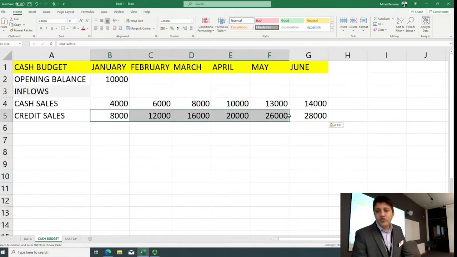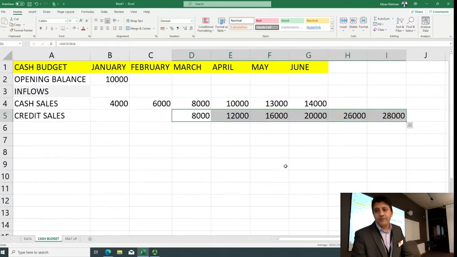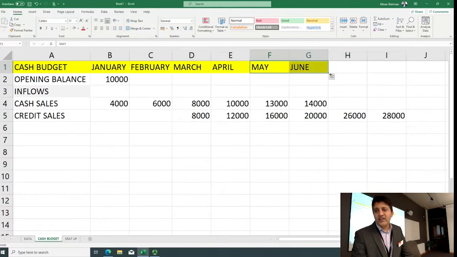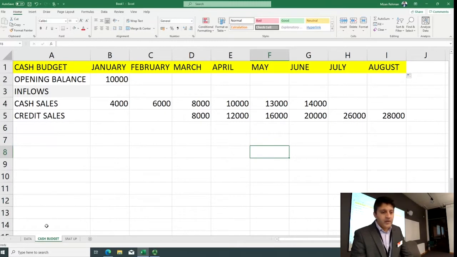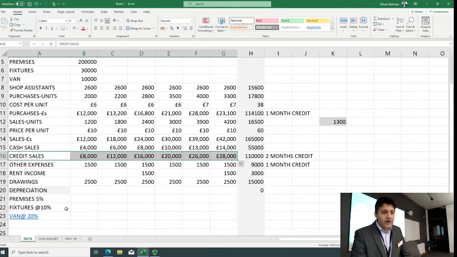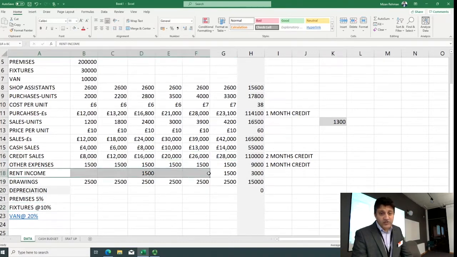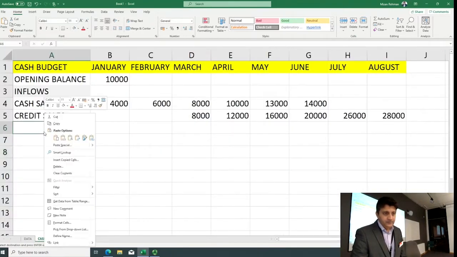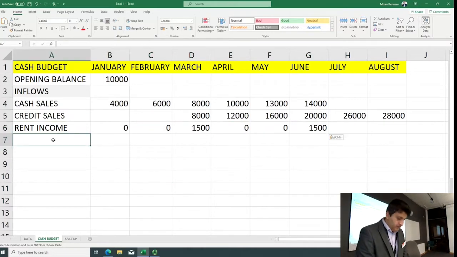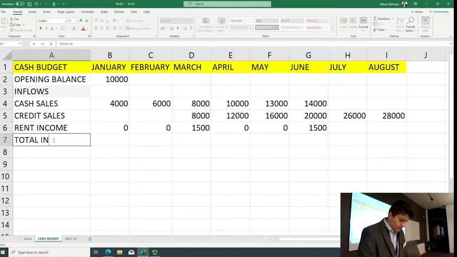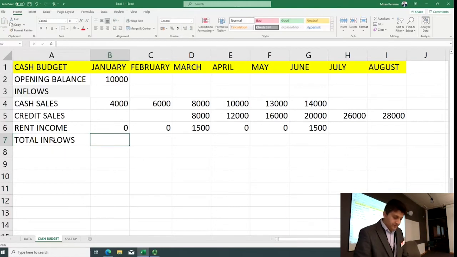However, it's a 2 months credit, so the cash impact of these sales would be in 2 months time. So maybe we can extend our timeline a little bit. There is one more item of income or inflow, which is our rent income. There we go. That's our total inflows.